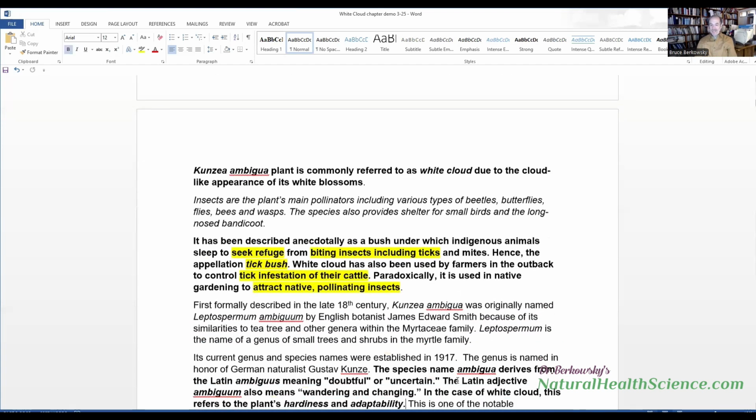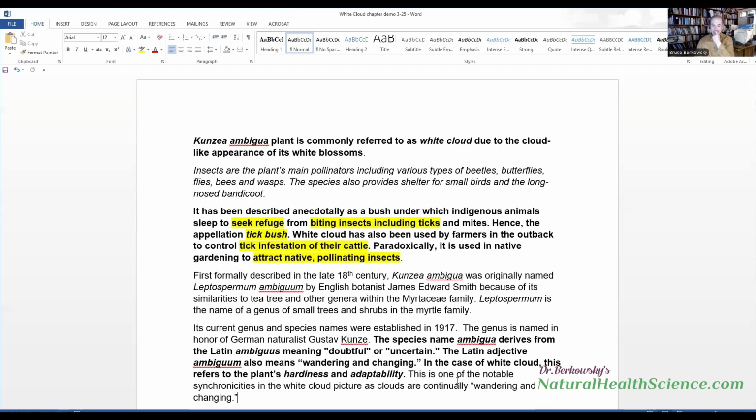The question is, well, why is it called Kunzea? Because it is named in honor of a German naturalist named Gustav Kunze. And I've never been a fan of calling a plant or a tree by the name of some person, because it makes no sense.